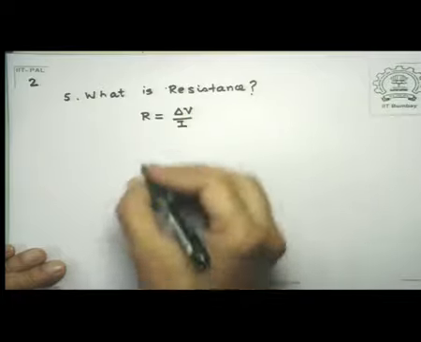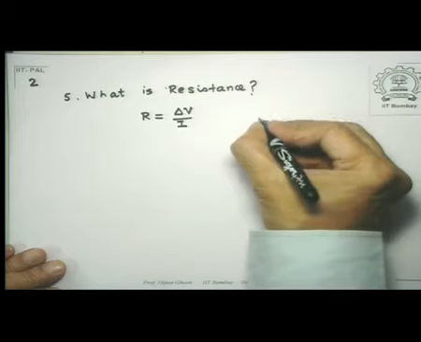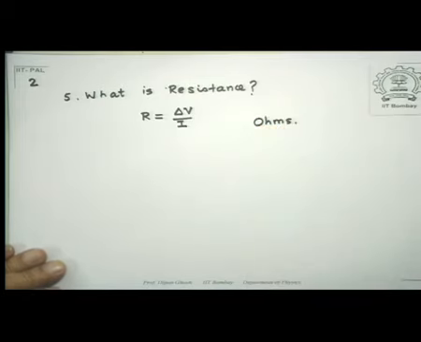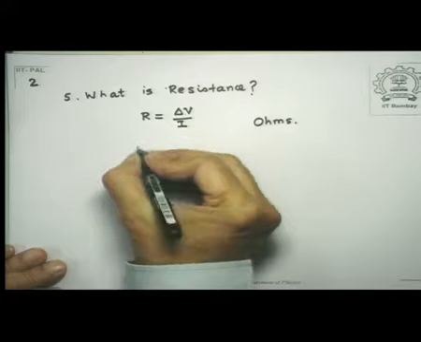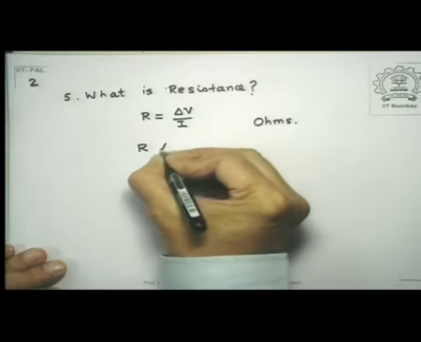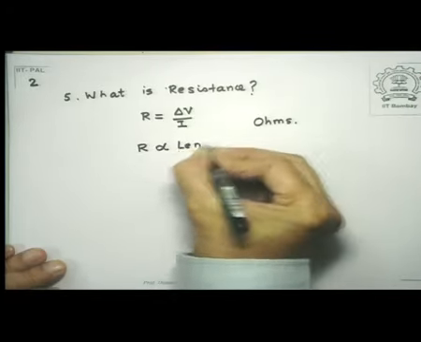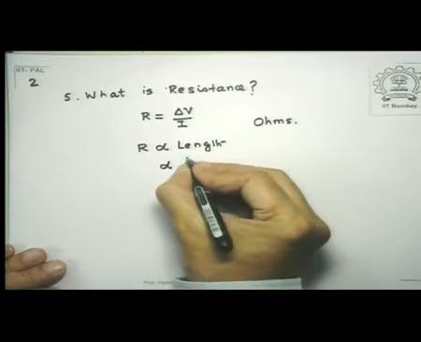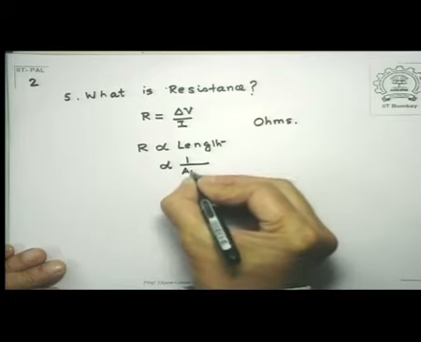So therefore, resistance has the unit of ohms. Other than depending upon material properties like conductivity and resistivity, the resistance is directly proportional to the length of the sample and has an inverse relationship with the area of cross section.